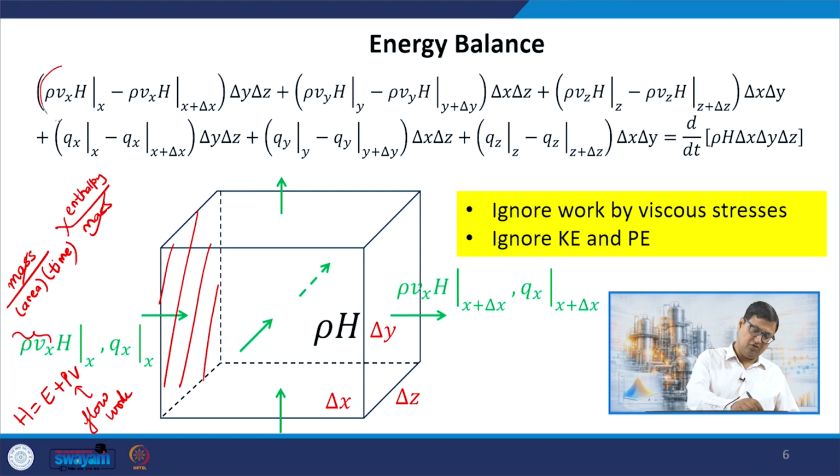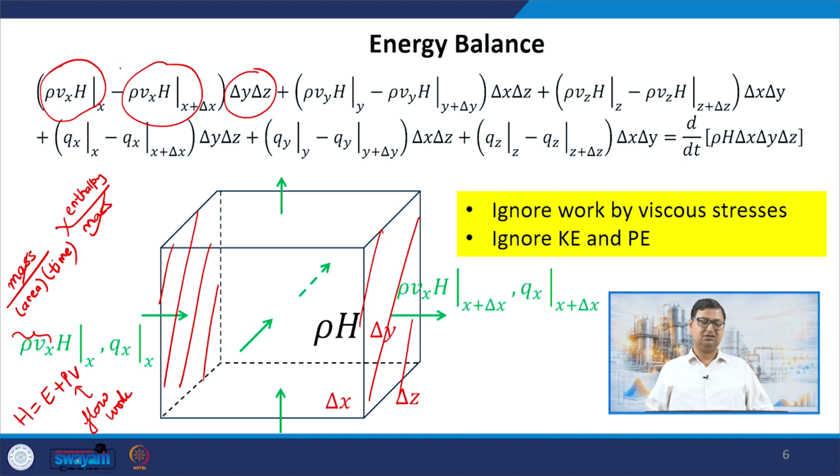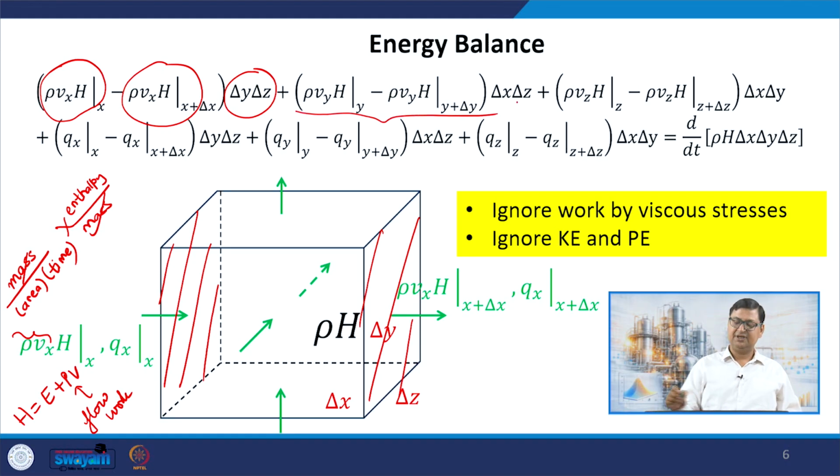It is equal to rho Vx multiplied with H at x multiplied with delta y delta z. And similarly, for the opposite face, I am going to have rho Vx into H at x plus delta x into delta y delta z, right? And I can apply this argument for all the three faces, whatever I have done for the mass balance. So, for the y direction, I am going to have something like this, and for the z direction, I am going to have something like this.